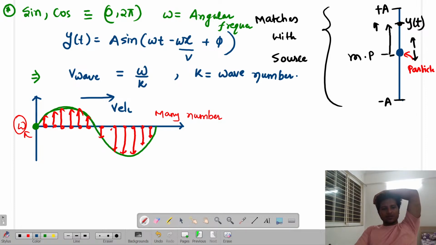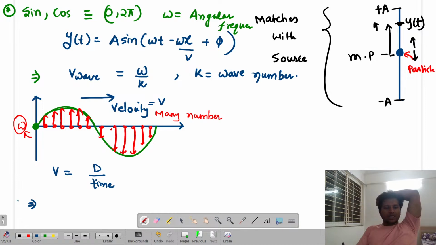So suppose a wave is generated which has some velocity v. This velocity must be equal to distance by time, that is, speed of the wave.